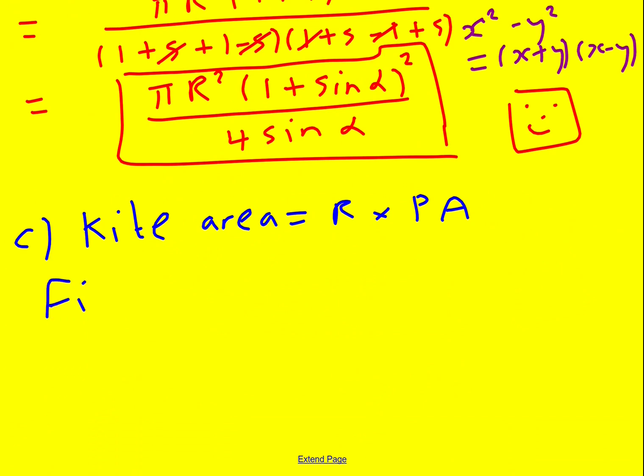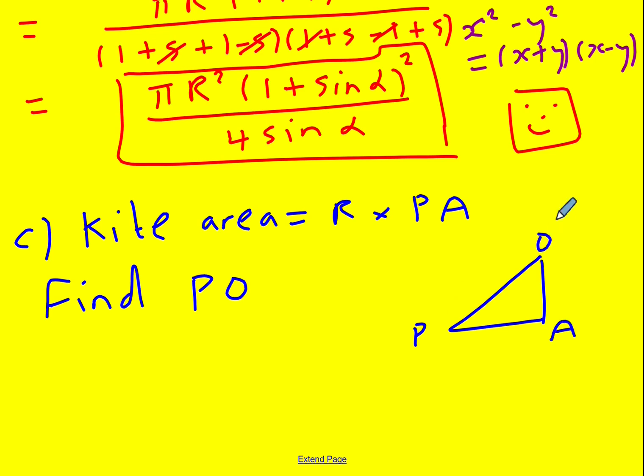We can find PO, we can then use Pythagoras. I think P was here. A was here. O was here. So we have that this is R.